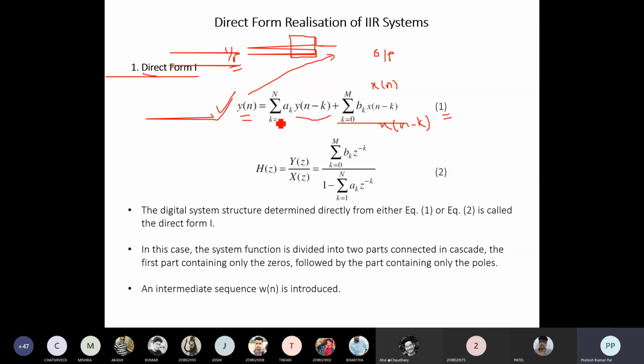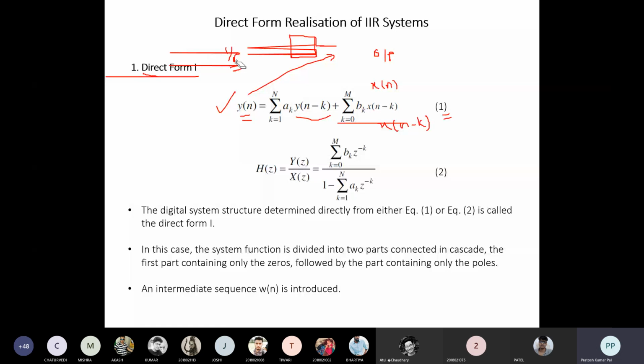Okay, so once we have defined this, we will be separating the terms and taking the z transform.